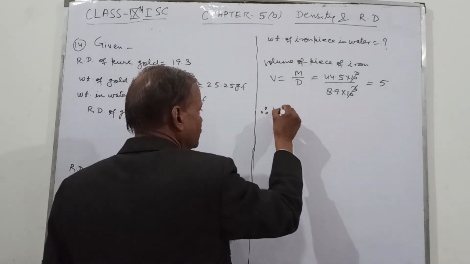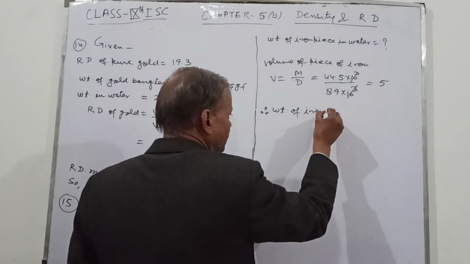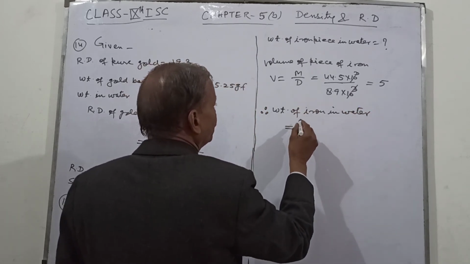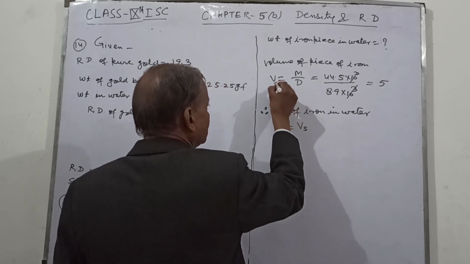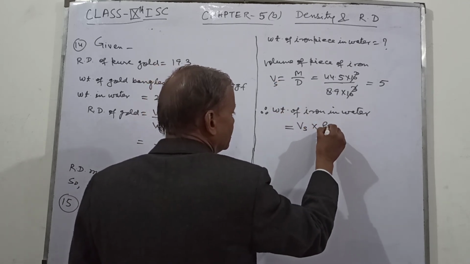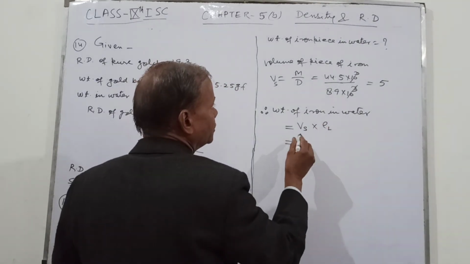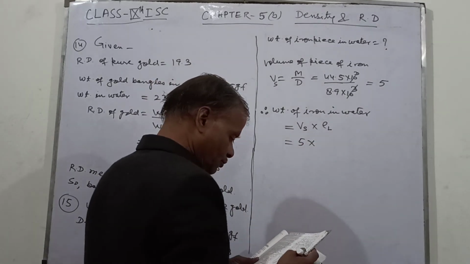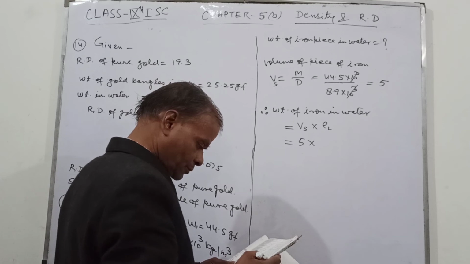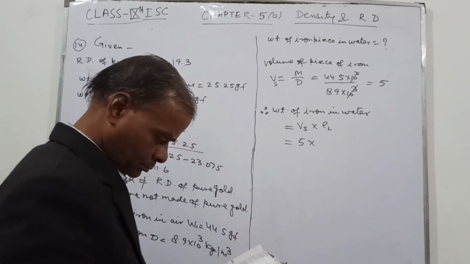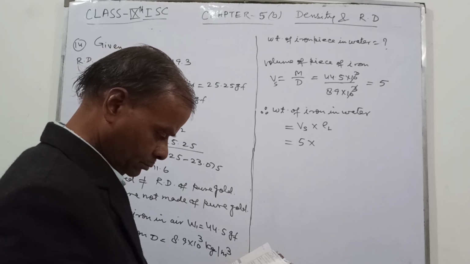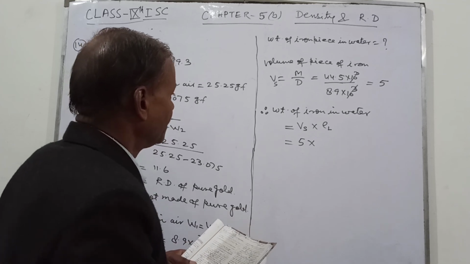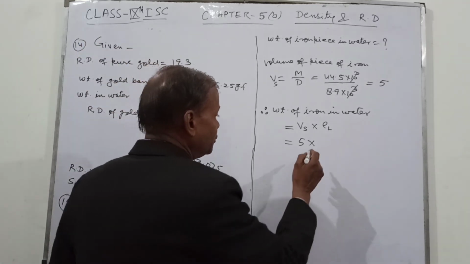Therefore, weight of iron in water is equal to the volume of this solid into the density of water. So this is coming out to be, volume is 5 and density of water is taken to be 1.